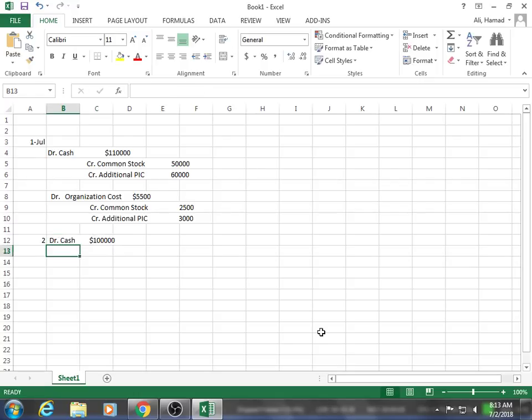And credit. Let me do this a little bit. F2. Go back. Did I write 1,000,000 or 100,000 here? 100,000. All right. And credit. Common stock. Are you sure? Preferred stock. Preferred stock.